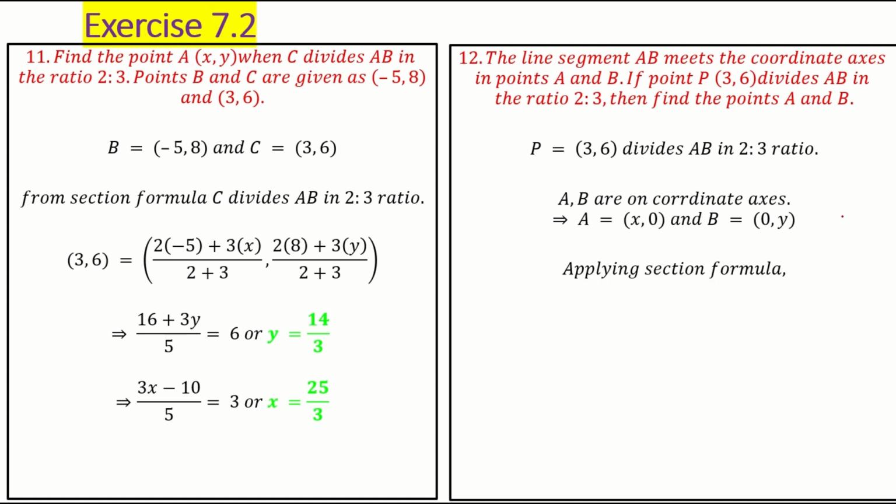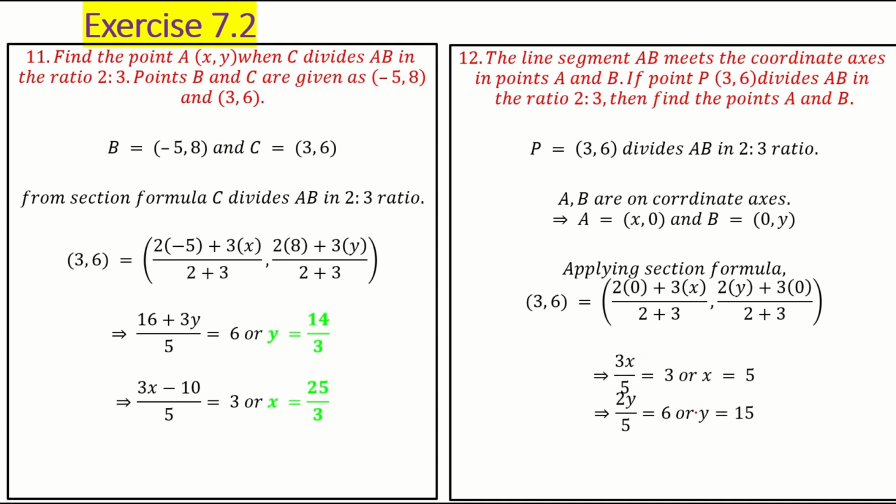Now we just need to apply the section formula. So 3 comma 6 equals this formula. What you will get is x equal to 5 and y equal to 15. Next. So A and B are here.